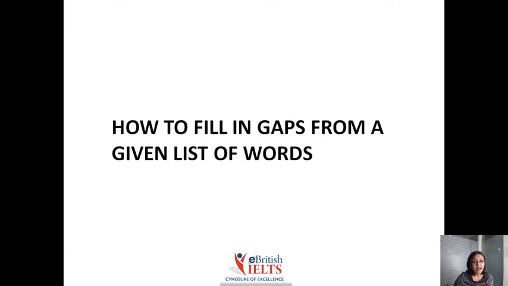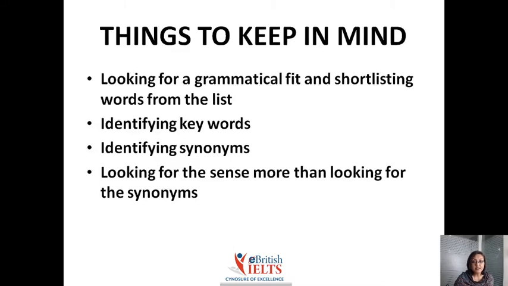And this is not as straightforward as finding words straight from the passage, and we have to follow slightly different principles here. So the things that we need to keep in mind would be, straight away we are going to look for a grammatical fit from the list of words that have been given to us, and then we are going to shortlist the options.